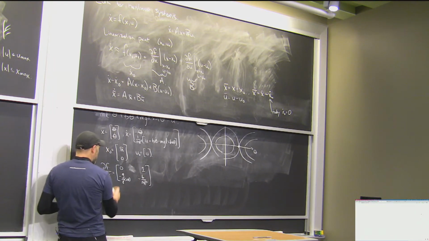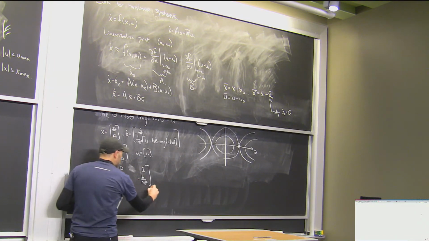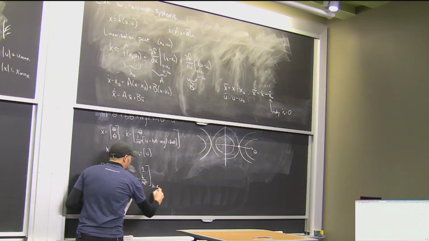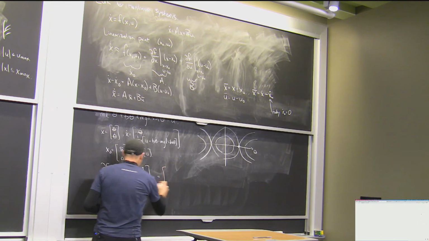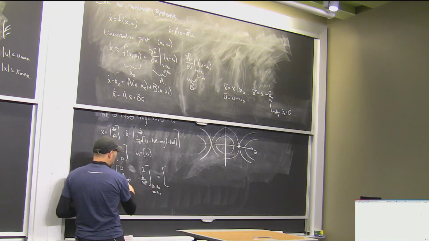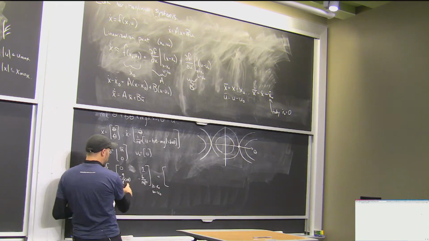Okay? When I evaluate this now at x equals x0, u equals u0, that means I get to evaluate this at cosine of pi.